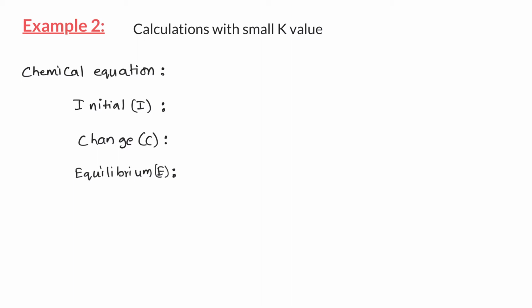Let me first write down the balanced chemical equation. 1 mole of duplex dissociates to form 1 mole of the top strand and 1 mole of the bottom strand. We are starting the reaction with 2.0 millimolar DNA duplex and 0 millimolar top strand and 0 millimolar bottom strand.